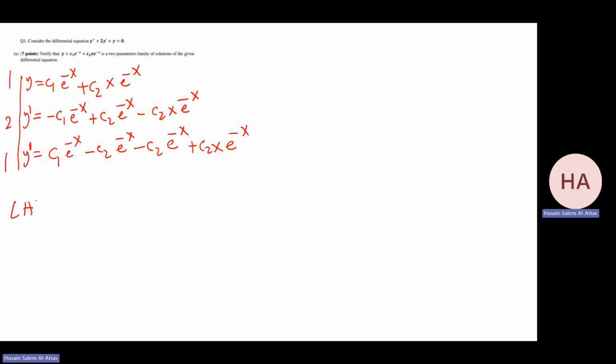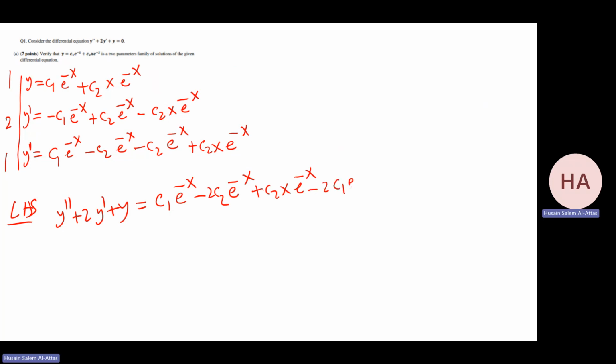Okay, the left-hand side, which is y double prime plus 2y prime plus y. Let me plug it in and see if there's a cancellation. I should get the right-hand side, 0. Okay, minus 2C2 e to the minus x plus C2 x e to the minus x, minus 2C1 e to the minus x, multiplying 2 by this one, plus 2C2 e to the minus x, minus 2C2 x e to the minus x, plus the last term.